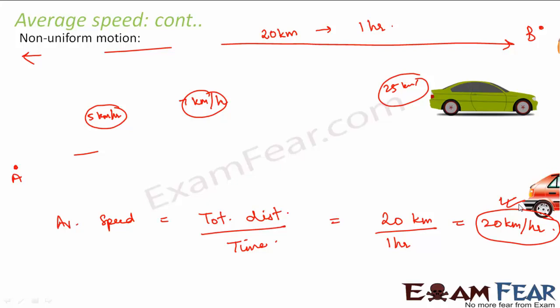Sometimes people make mistakes here, and I will explain with this example. Suppose you have a car here.